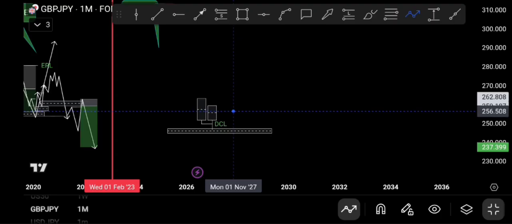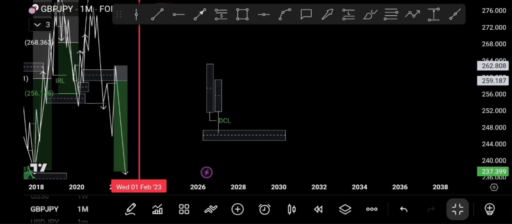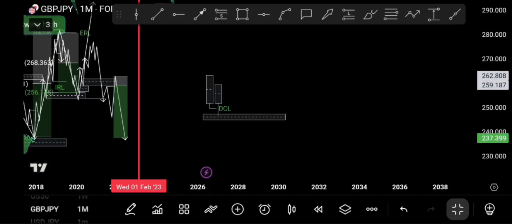You make sure that price is at your premium or your discount zone. When you've identified your range and price is at your premium or your discount zone, you look for your daily candle liquidity or daily candle rejection from that zone.